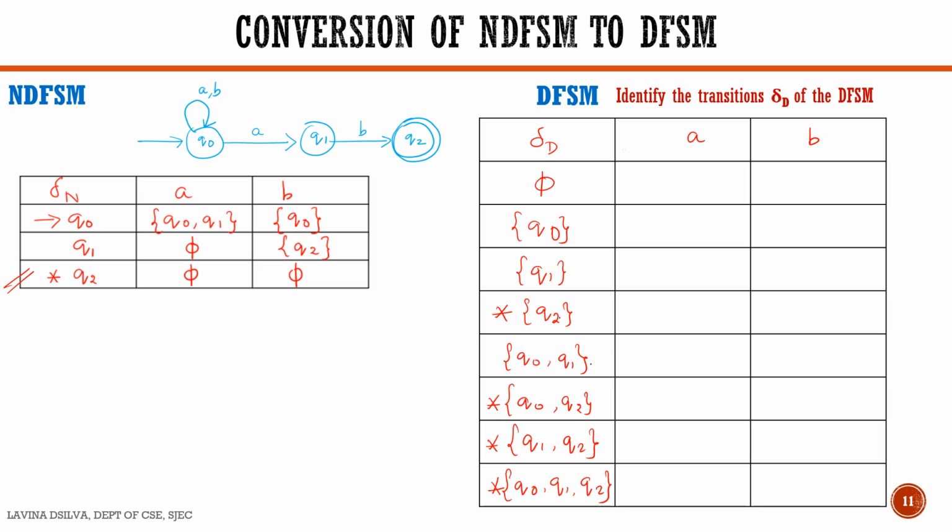Taking the first state, that is phi, we had seen that there is no transition on any of the inputs, therefore it is phi for both the inputs. For state Q0, we take the same set of transitions as that of delta N. Therefore, it will be Q0 and Q1 and Q0.